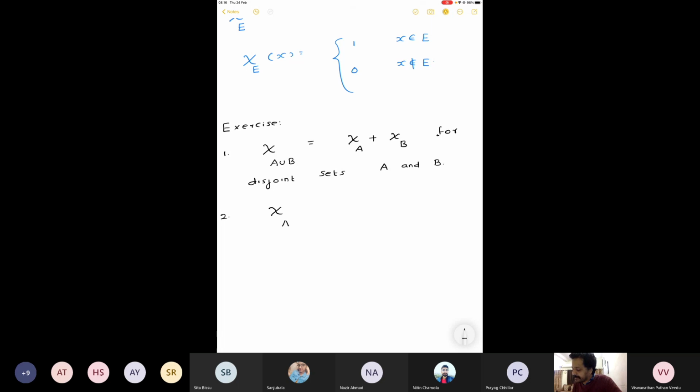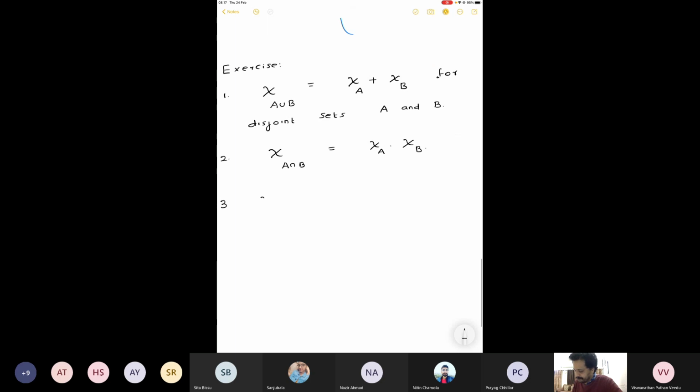The characteristic function of the intersection A intersection B will be equal to the product of the characteristic functions. And the characteristic function of the union when A and B are not disjoint is chi A plus chi B minus chi A times chi B, for any A and B. Of course, the first one is a subcase of the second.